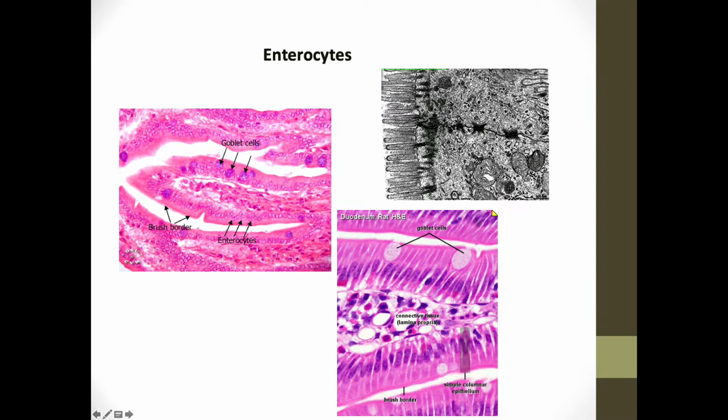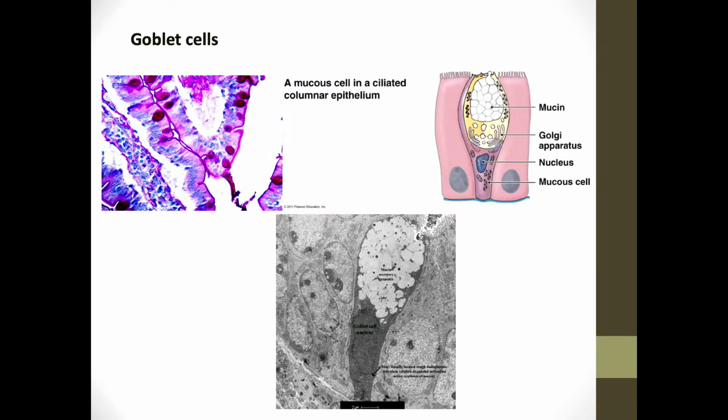So they are covered with numerous very small microvilli with actin, and there are goblet mucous cells in the columnar epithelium.